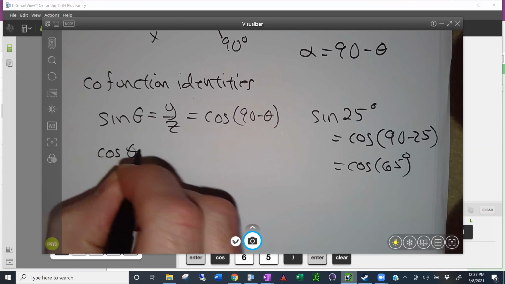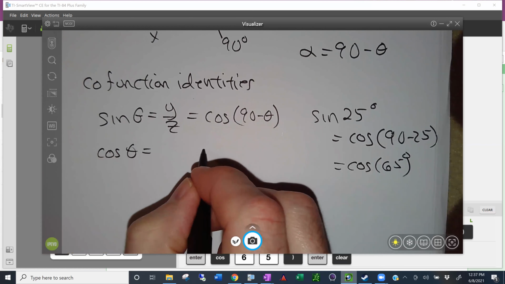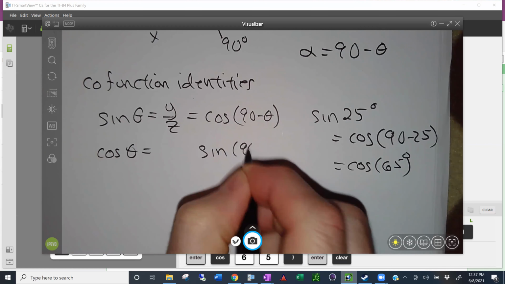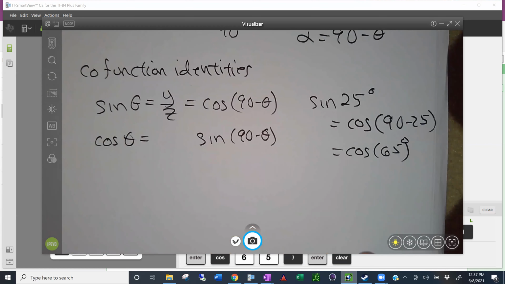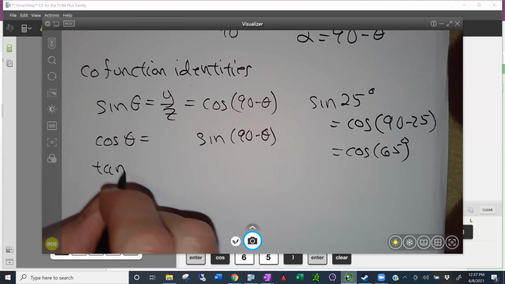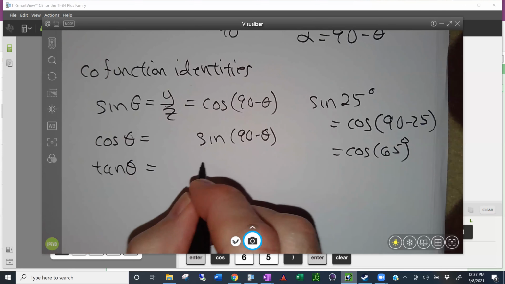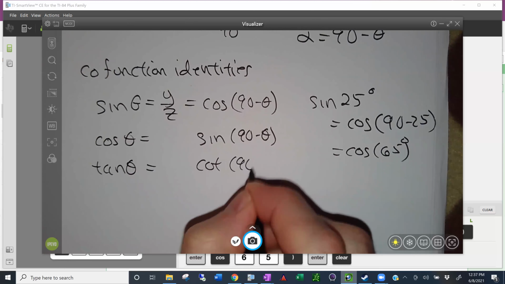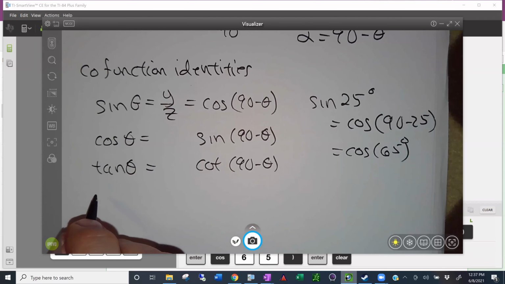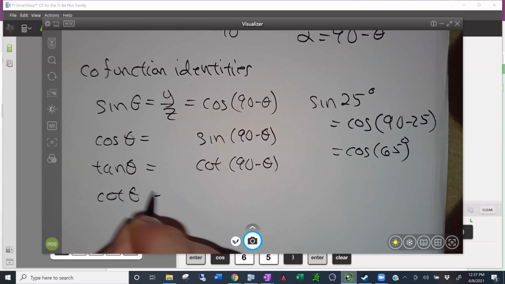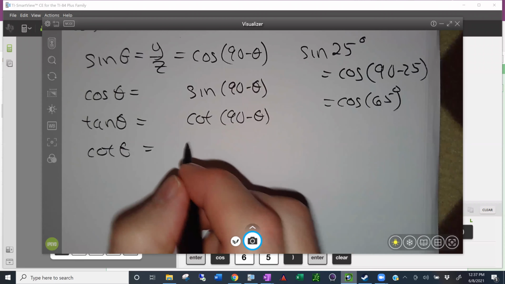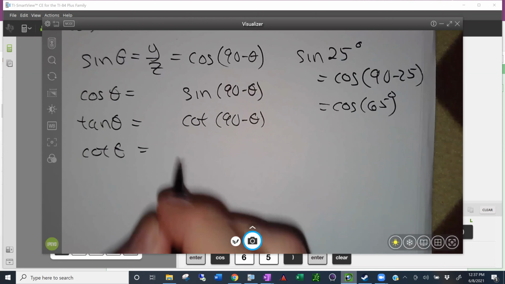Cosine of theta is going to be sine of 90 minus theta. What else? Tangent of theta is going to be the cotangent of 90 minus theta. Cotangent of theta. Can anyone guess? What's the cotangent of theta going to be equal to?